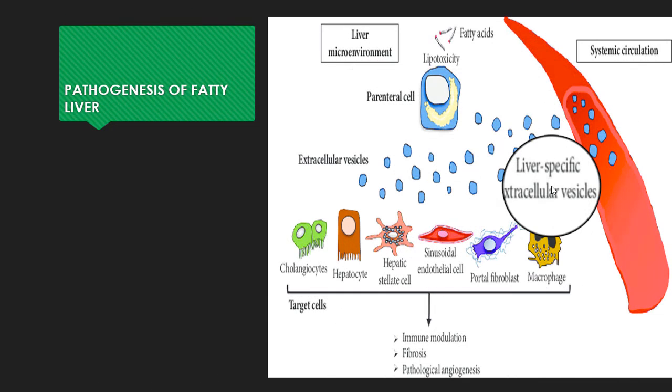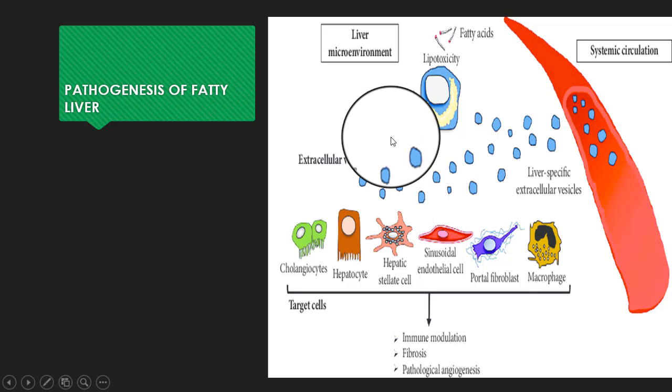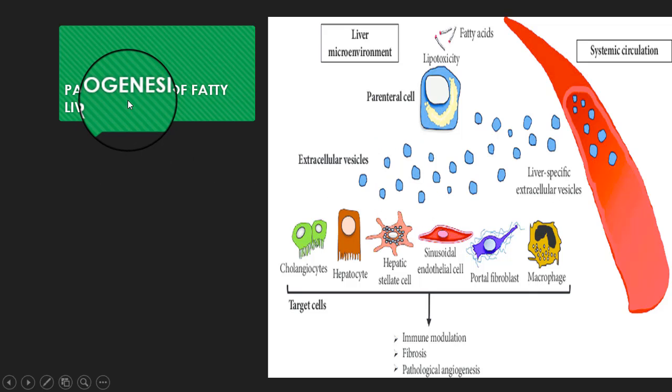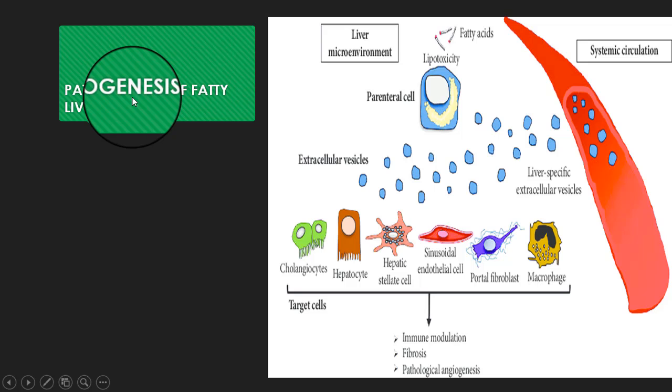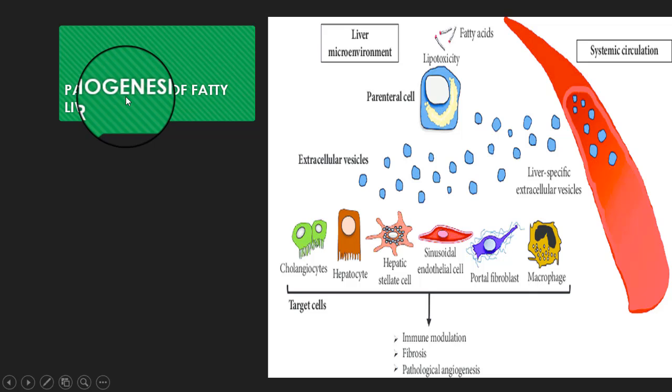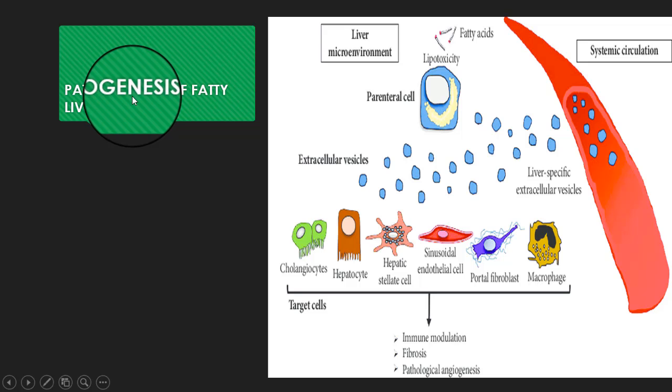As we all know, lipids are present as free fatty acids which enter the liver cells either from diet or from adipose tissues. So whenever we consume them, either from adipose tissues or from diet, we get free fatty acids. These free fatty acids get converted into fatty acid esters, and they release cholesterol esters, phospholipids, and ketone bodies.